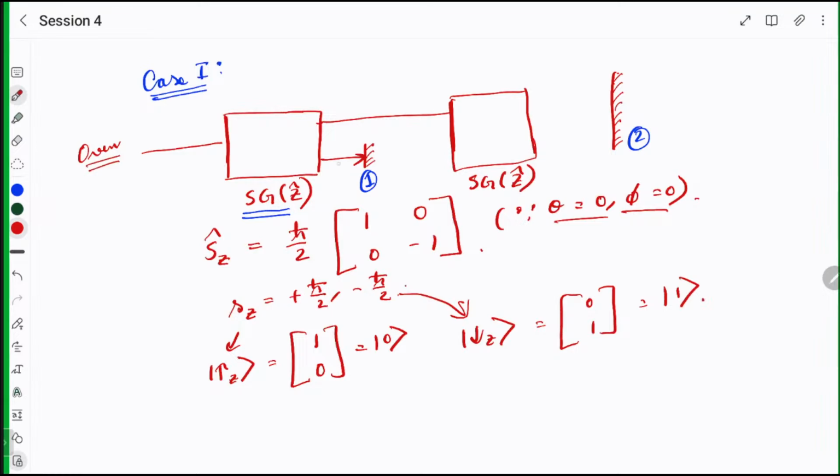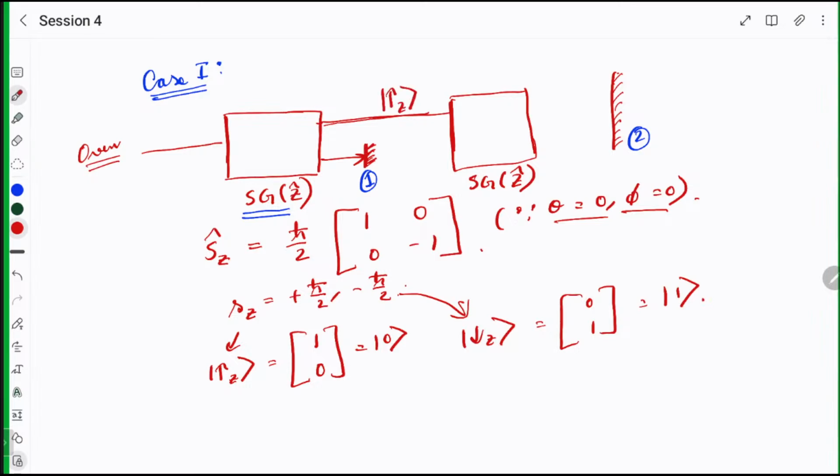Suppose you have an ensemble of electrons coming from here, so all the ones which are in z equal to minus h cross by 2 are getting measured here, and consequently in the upper half everything that is there we know is in plus h cross by 2 state, or we can say that it has collapsed to the up z state.